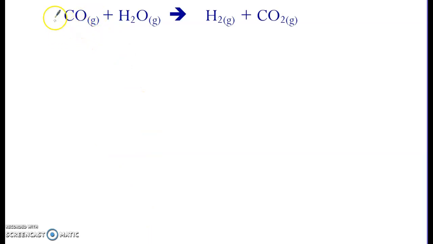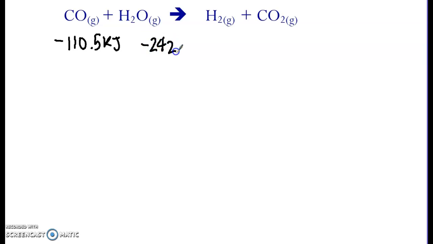If we look at that, carbon monoxide has an enthalpy of formation of negative 110.5 kilojoules. For water, in the gaseous form, it is negative 242.